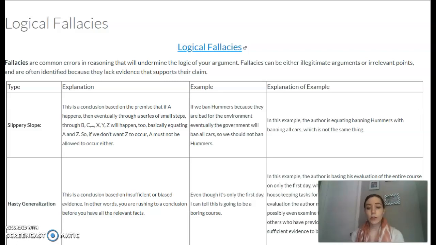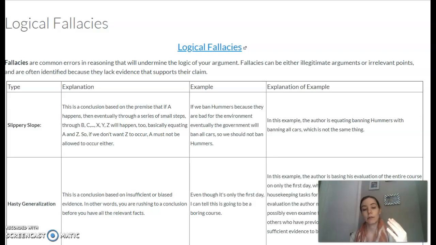So, logical fallacies are basically problems or failures in the logic of an argument. If you remember way back to when we talked about inductive and deductive arguments, we talked about how deductive arguments are logically sound, in that if premise A and premise B is true, then the conclusion must follow.